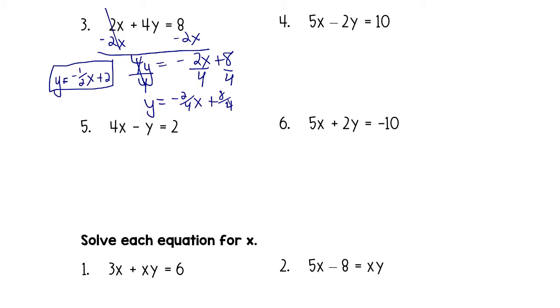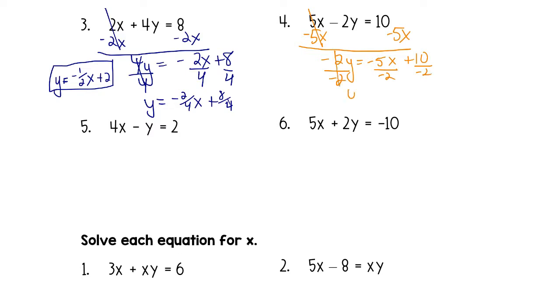We've got 5x minus 2y equals 10. Well, as usual, we've got to get rid of this x. 5x minus 5x cancels. I've got negative 2y equals negative 5x plus 10. Now we've got to divide by negative 2. Let's divide it by all these terms.